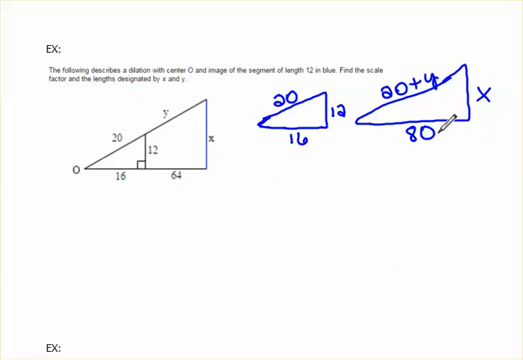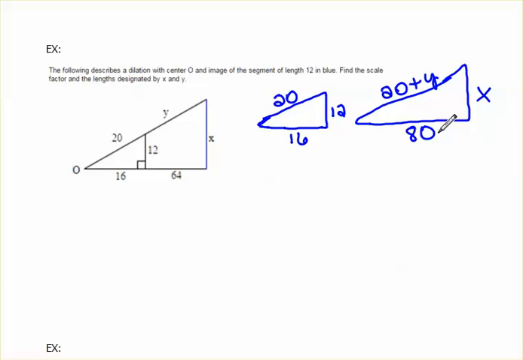So that's what we're really looking at, those two different triangles. And now, because this is a dilation, those triangles are similar triangles, which means they're in proportion to each other. So now we can use proportionality to go ahead and solve for x and for y.